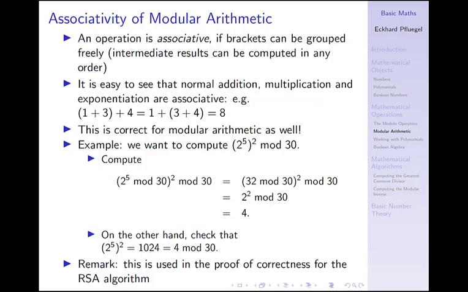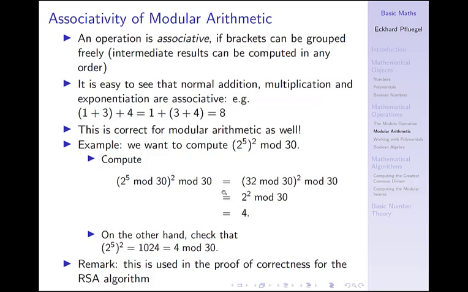On the other hand, if you did the brute force method and actually computed 2 to the power 5 squared, you come out with 1024. And then to reduce 1024 mod 30, you can do it, but you need to think a little bit, and you will see that it's also 4. So we haven't made a mistake.